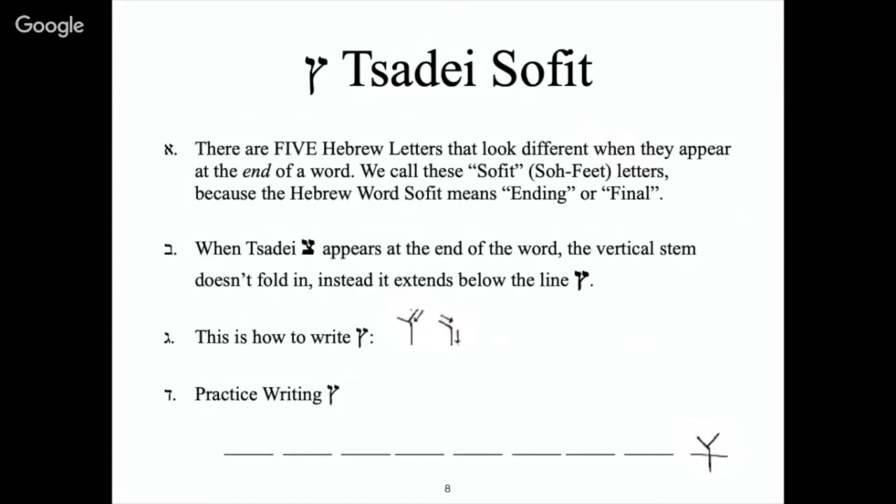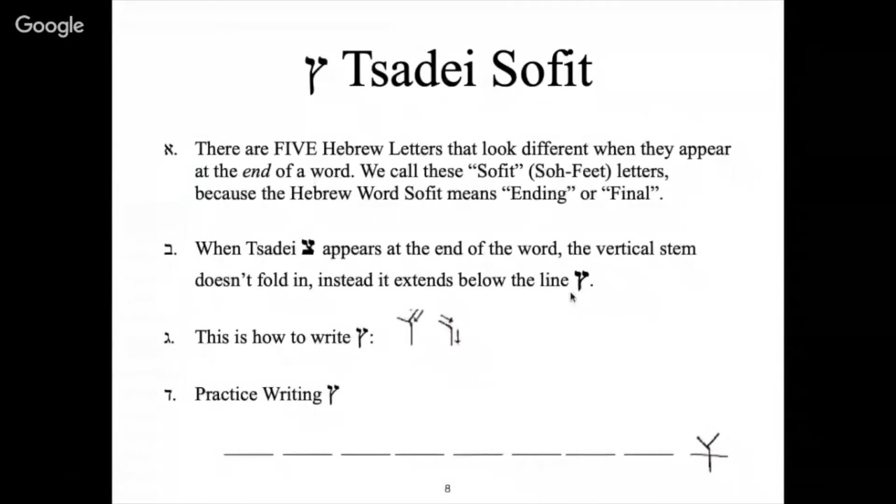Now, Tsadei is one of the 5 Hebrew letters that look different when it's at the end of a word. And again, we call these final letters the Sofit letters. So when Tsadei appears at the end of a word, instead of the stem coming in at the bottom, it extends down past the line. So it looks like this.